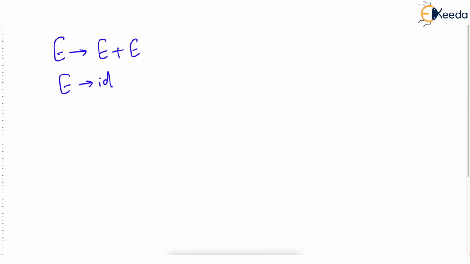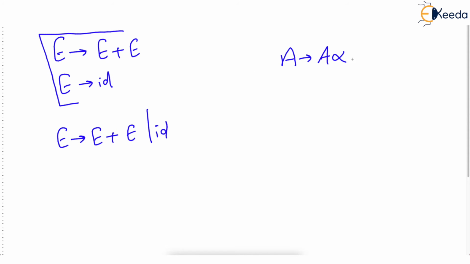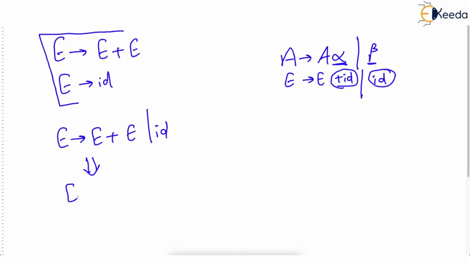So coming back, this is the original CFG given. We will write this as E derives E plus E or ID. So how do you write this? This is A derives A alpha or beta. This is E derives E, and this alpha is plus E. Here beta is only ID. So this will be revised as E derives ID E dash, beta E dash, or simply ID.